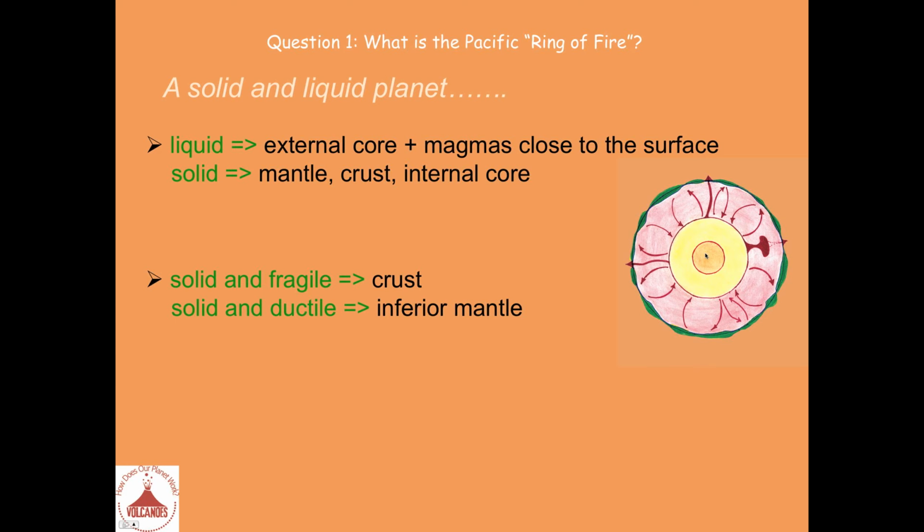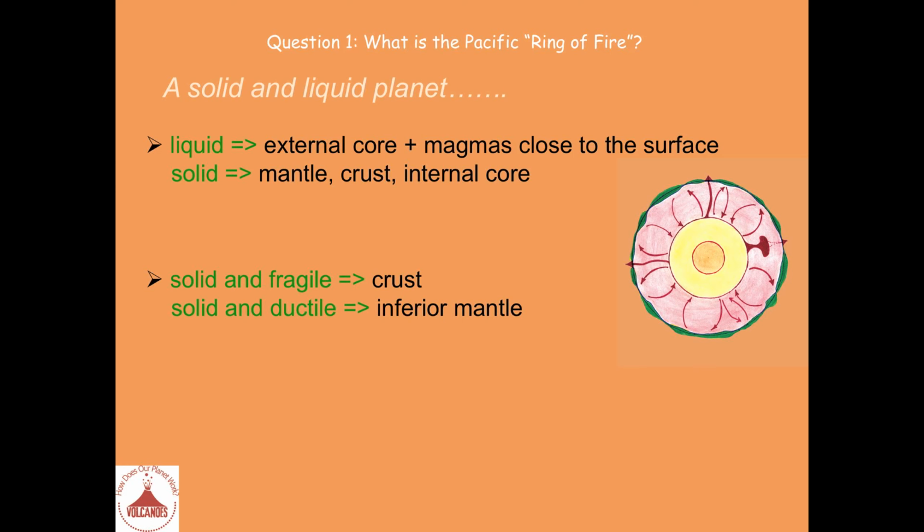When we are talking about solids, there are two kinds of solids. Some solids are also fragile. The typical example is the crust. That means under high pressure, the crust will break and will create earthquakes.